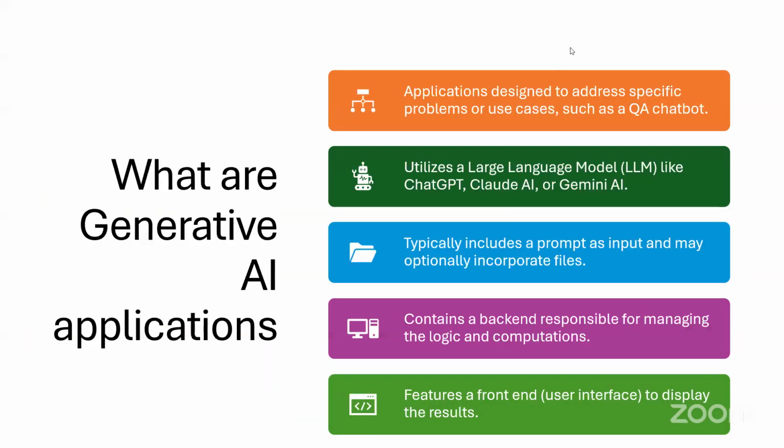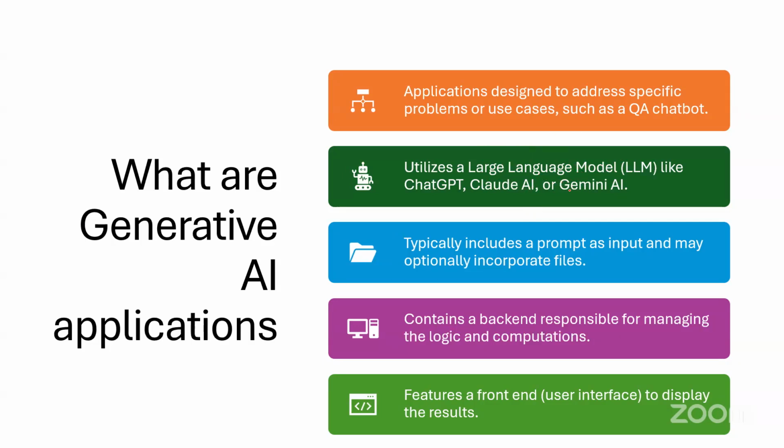These applications are designed to perform specific problems or use cases, such as question and answer, like a chatbot. How does a question and answer chatbot work? With the help of large language models. What is a large language model and how does it work?